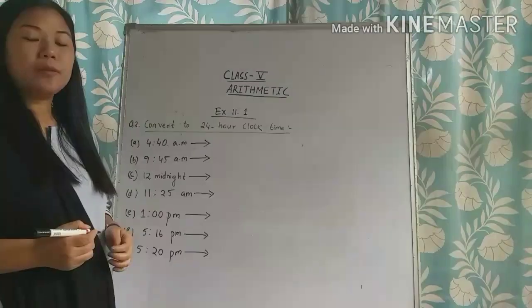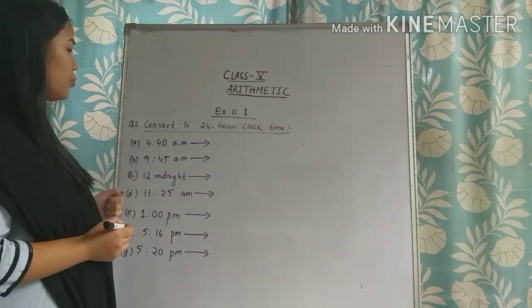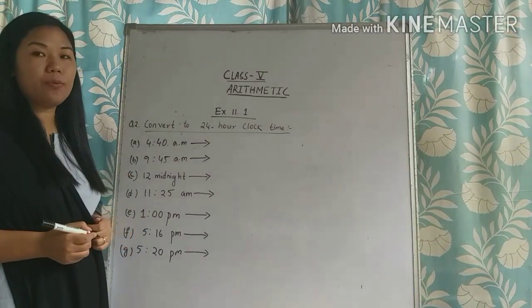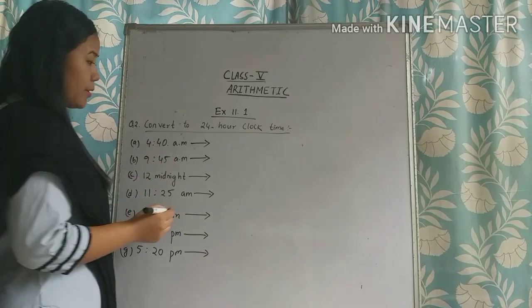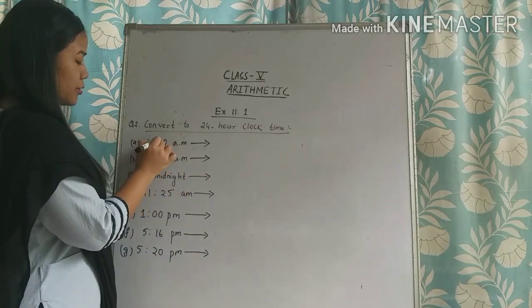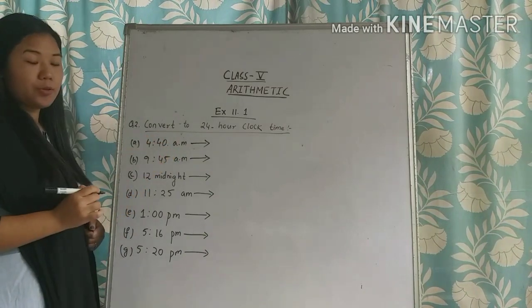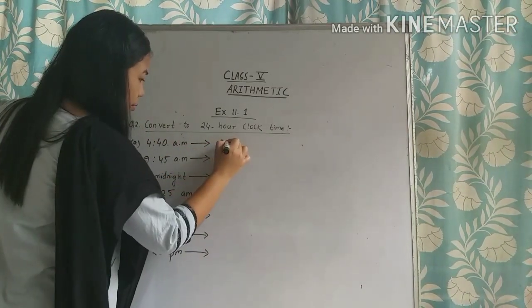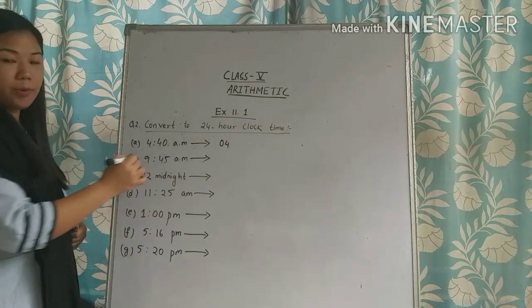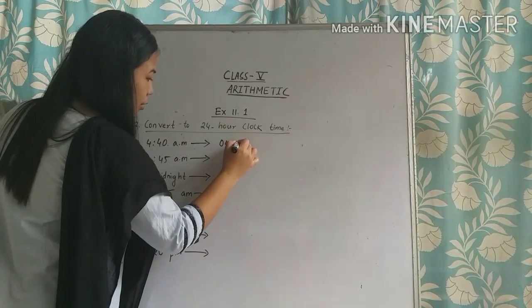Okay. Now let us solve question number 2. Convert to 24-hour clock time. Now in the question it is given in 12-hour time. 4:40 a.m. So we can write as in hours it is 4 and in minutes it is 40.